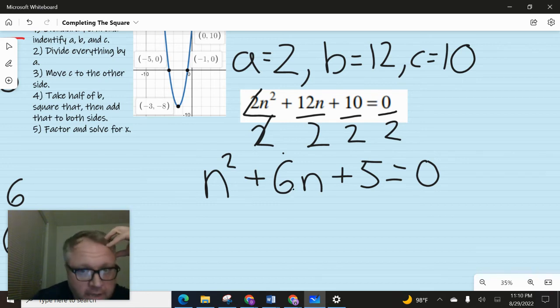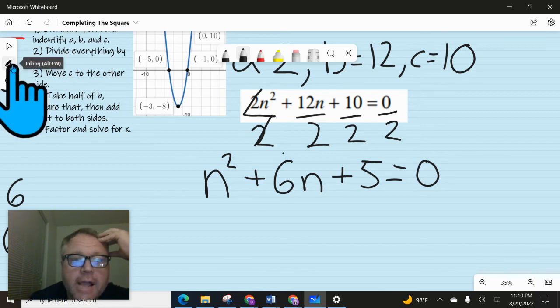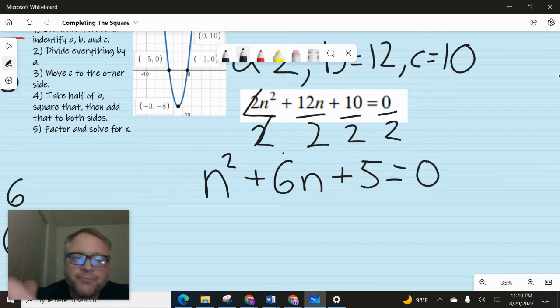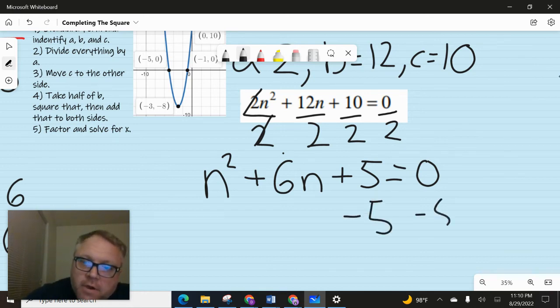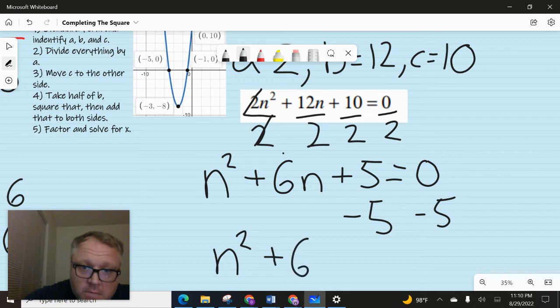So we cut 6 in half, square that 3, and add 9 to both sides, after we move 5 over. So n squared plus 6n plus 9. Remember we cut 6 in half and squared it. Then negative 5 plus 9 will give us 4.